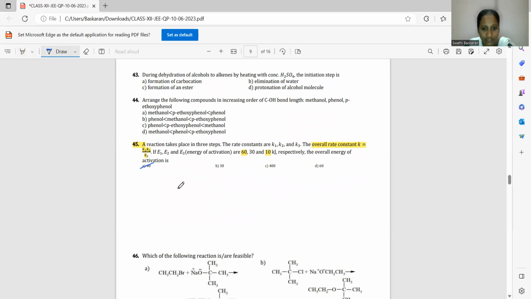Okay. So how did I do this? I'm doing the summation of 60 plus 30 minus 10. I'm sorry, 60 plus 10 and minus 30.